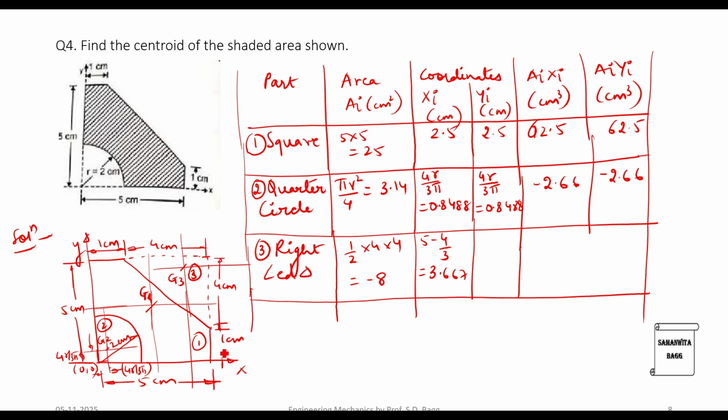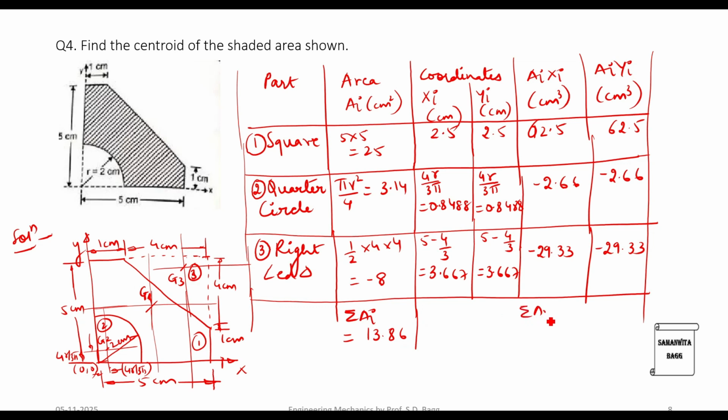Again, this height is 5 and this gap is 1/3 of the height. So it is 5 minus 4 by 3. So this is also 3.667. If you multiply these two values, you get minus 29.33 and this is minus 29.33. Then we'll calculate summation Ai, which is 13.86.